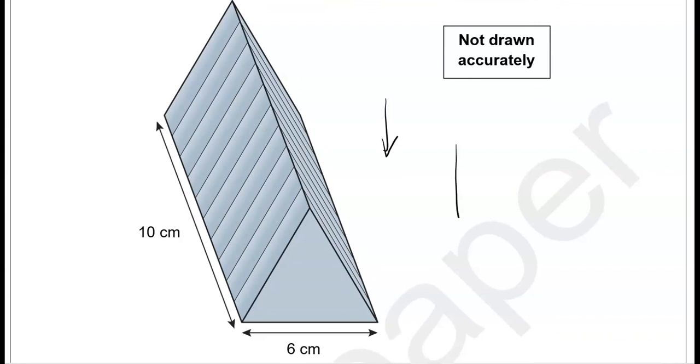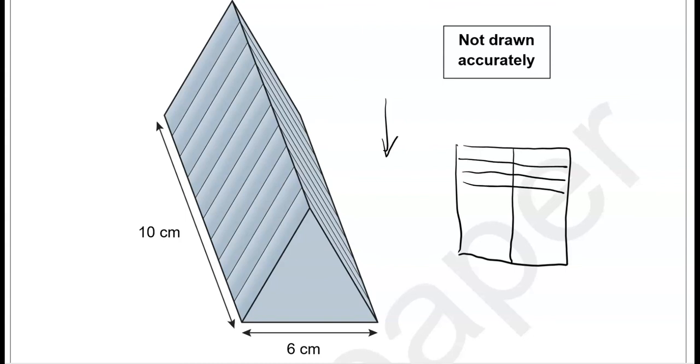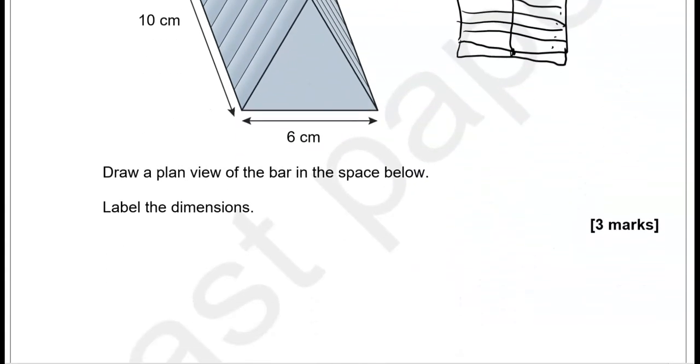So when we look at it from above, it's going to look something like this. The line in the middle, then we have 10 rows. So we'll draw it here.